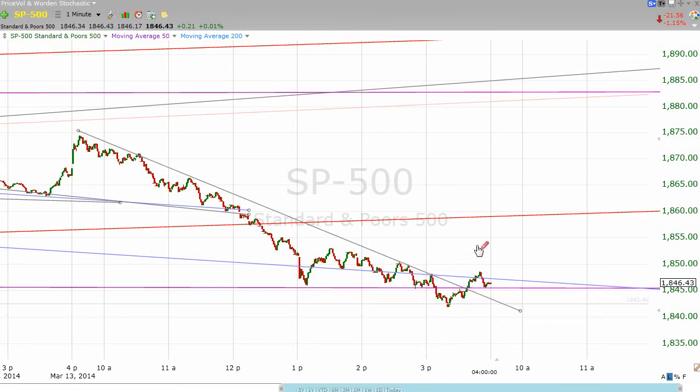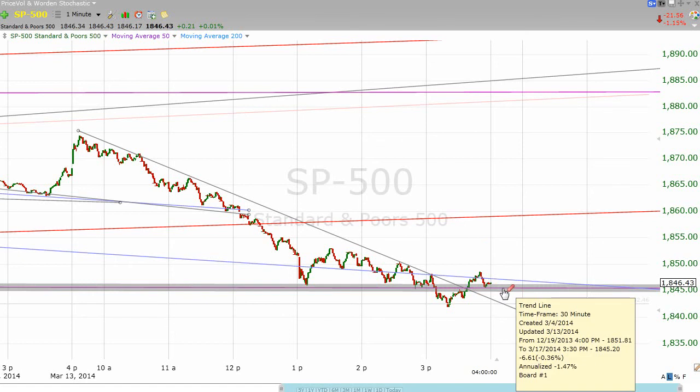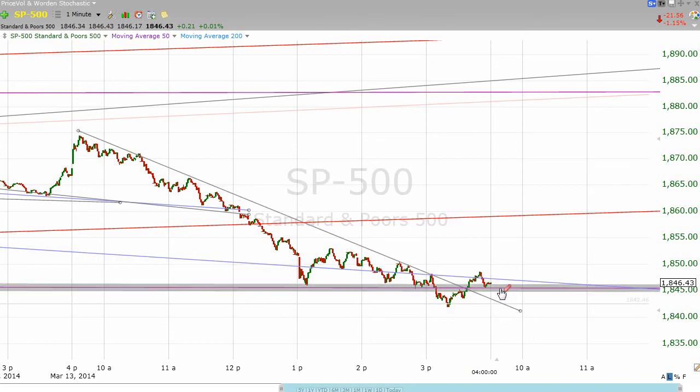We also ended the day just slightly higher, by a hair, over our extended neckline of that inverted truncated head and shoulders pattern. So, you know, ugly day.